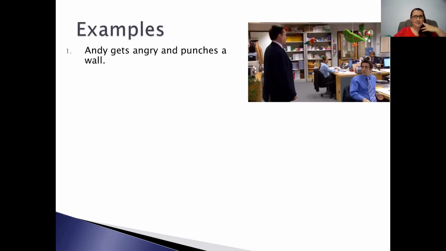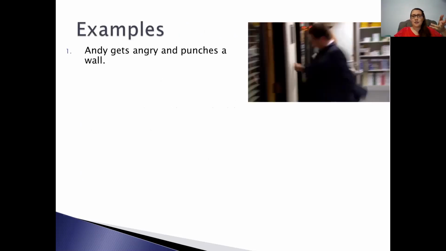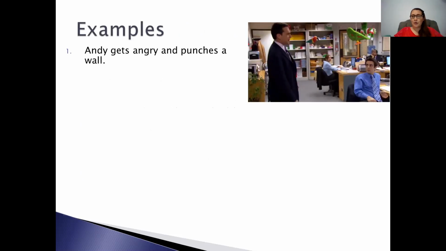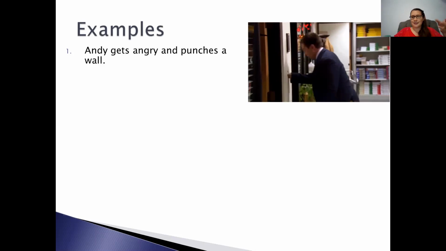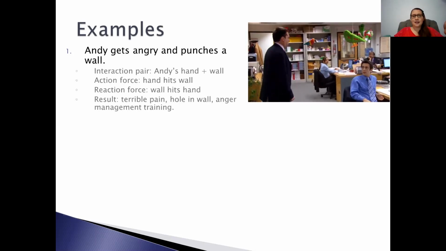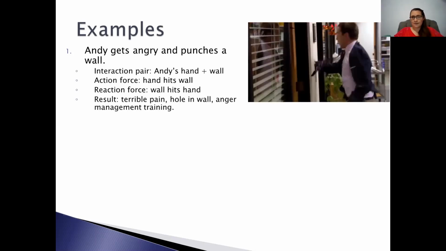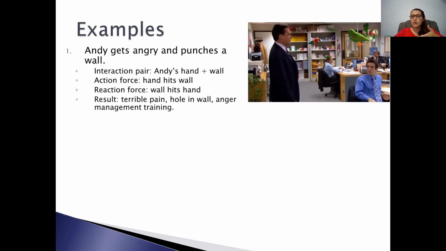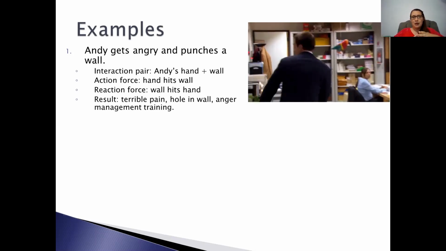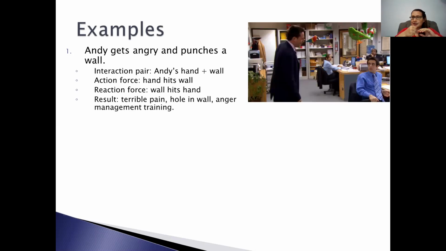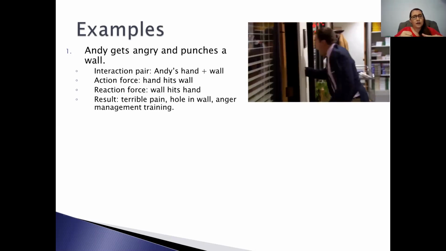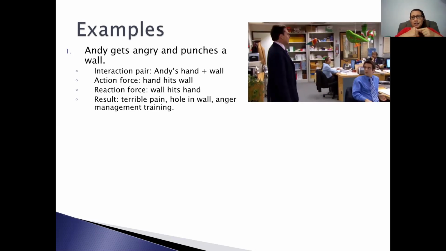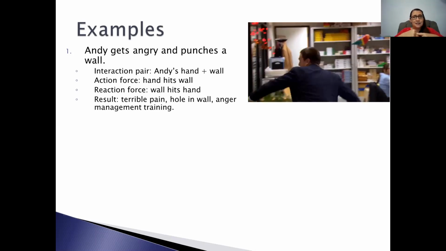Not wise, Andy. So here, the interaction pair, the two objects that are interacting in this, are Andy's hand and the wall. The action force in that interaction pair is Andy's hand hitting the wall. The reaction force is the wall hitting his hand back.